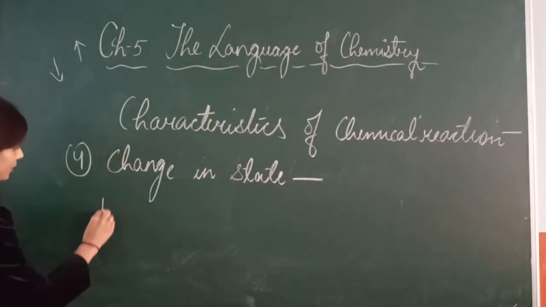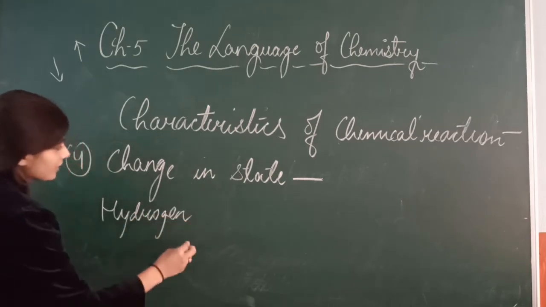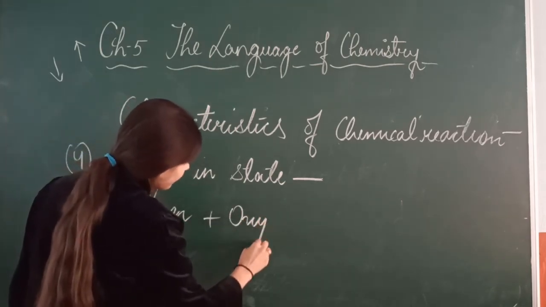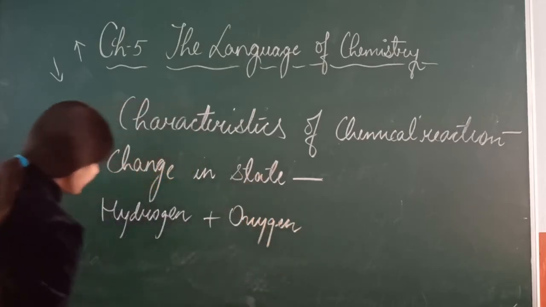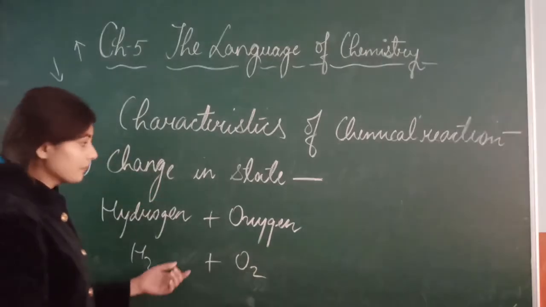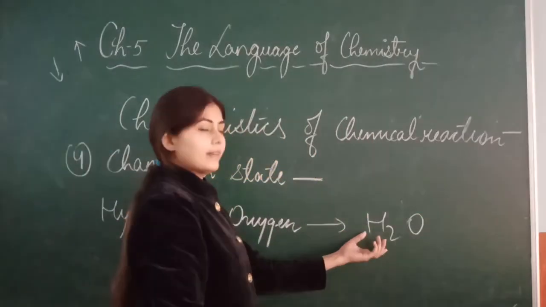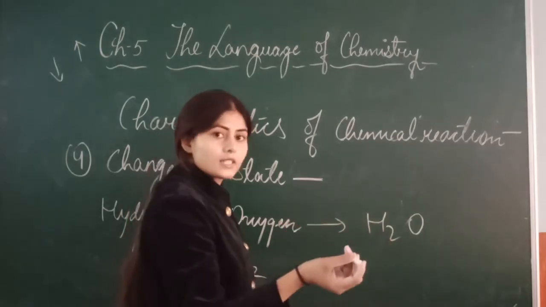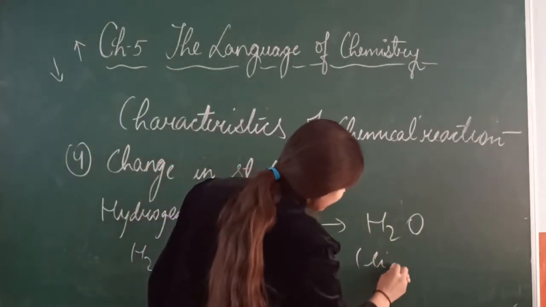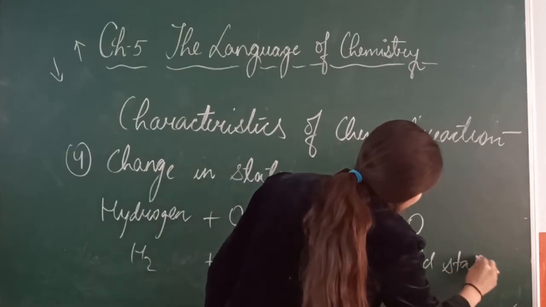Example: hydrogen reacting with oxygen. In symbol form you write H2 plus O2. Clear? So it gives water, H2O. You all know that water is in the liquid state.